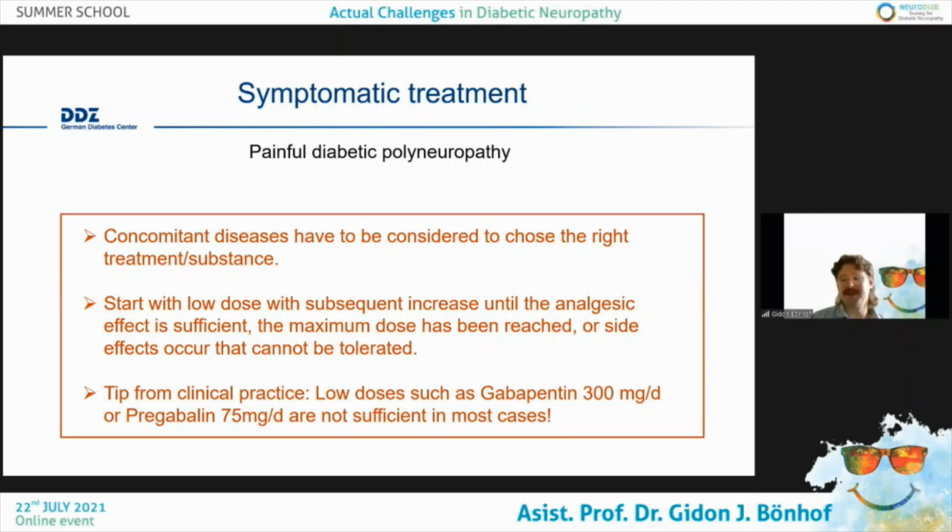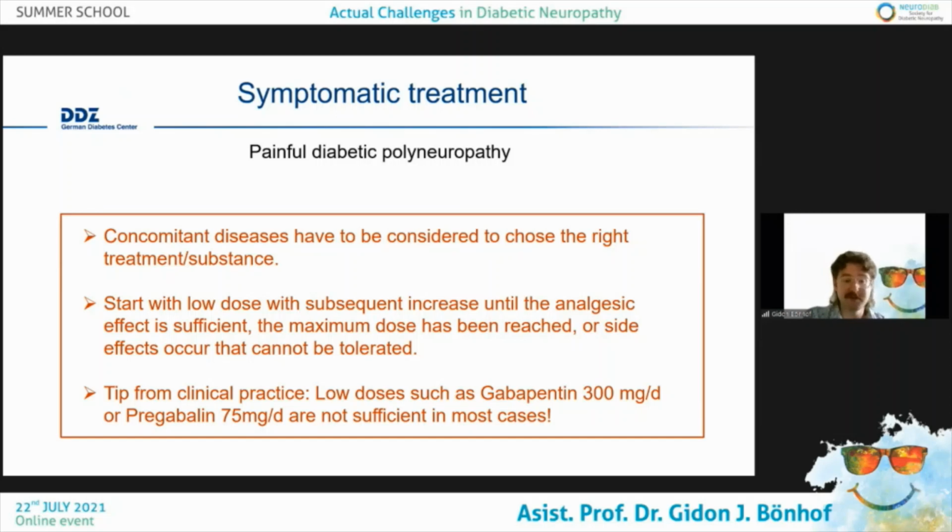And let me remind you again that concomitant diseases have to be considered to choose the right treatment. Many patients with diabetic neuropathy suffer from depression, so those may benefit from antidepressants.